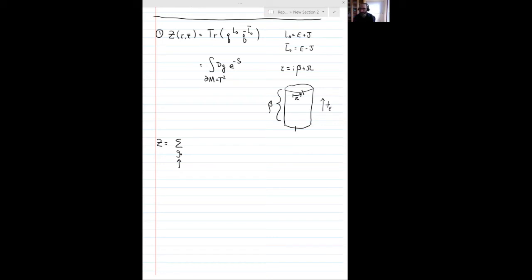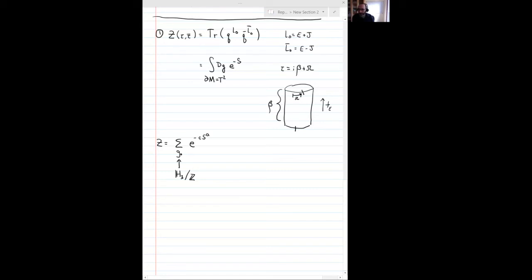And the geometries that we're talking about are quotients of hyperbolic 3 space. And you can actually prove that the only quotient of hyperbolic 3 space whose boundary is a torus is a quotient by Z. So those are the classical solutions. And classically, you would compute this partition function by summing the classical solution over all of these geometries.